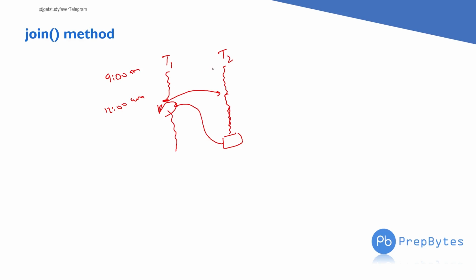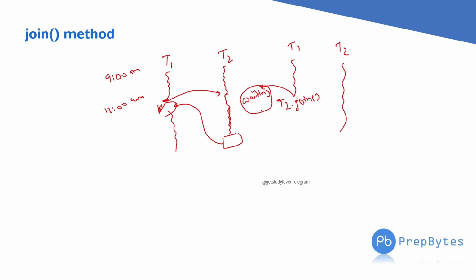What is happening here is simple. T1 has to wait for T2, so it will call T2.join. As soon as it calls T2.join, T1 will go to the waiting state. So here we will add one more state in our diagram, that is nothing but the waiting state.